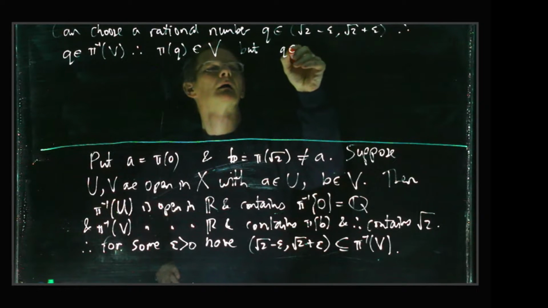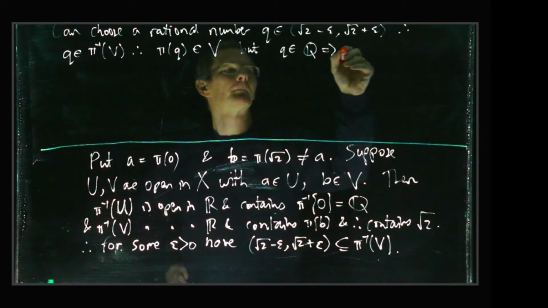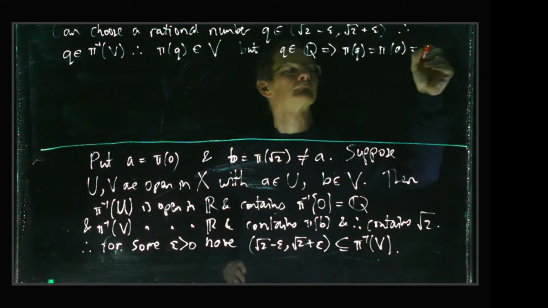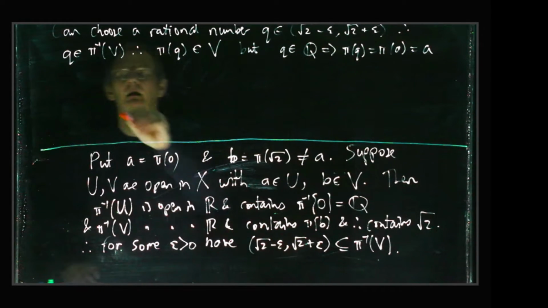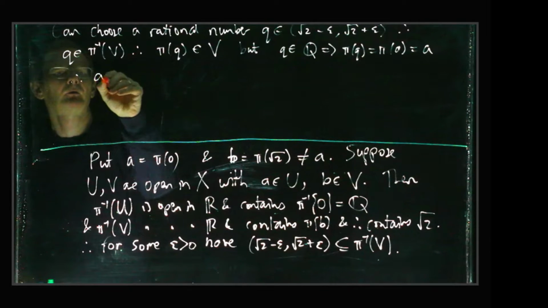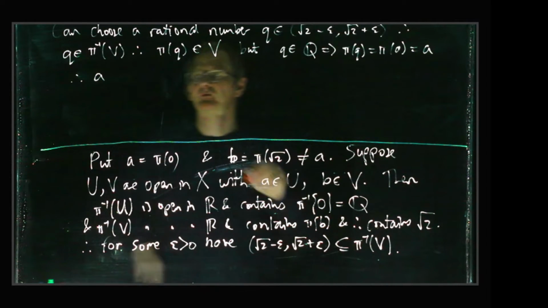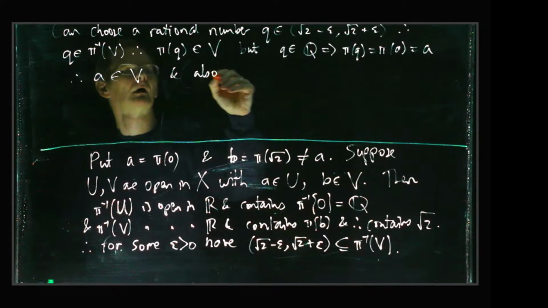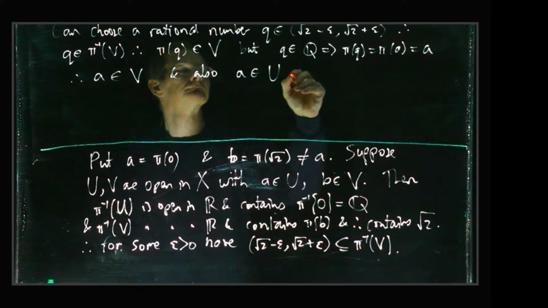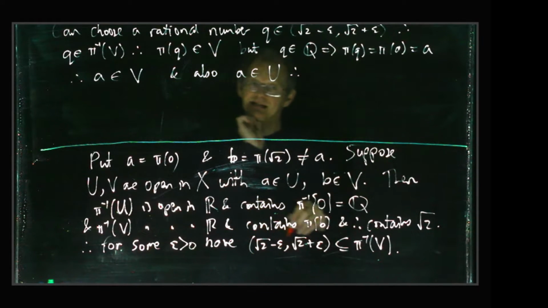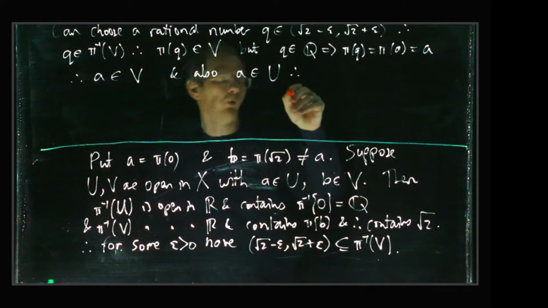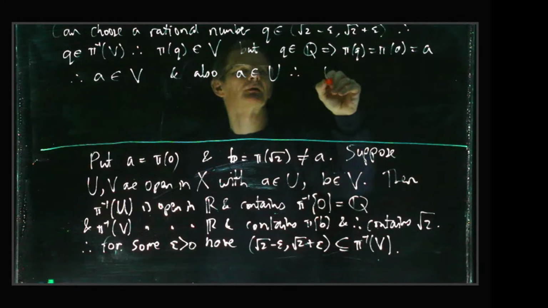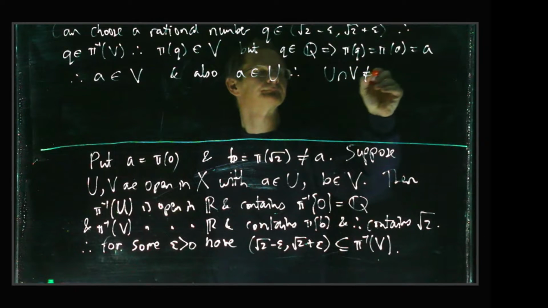But q is rational, which implies that pi of q is the same as pi of 0, which is A. So pi of q is A, and pi of q lies in V, so A lies in V, and also A lies in U. So U intersect V is not empty.